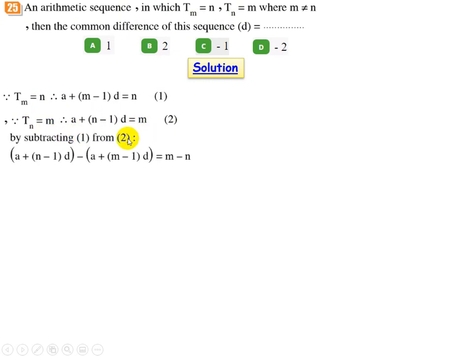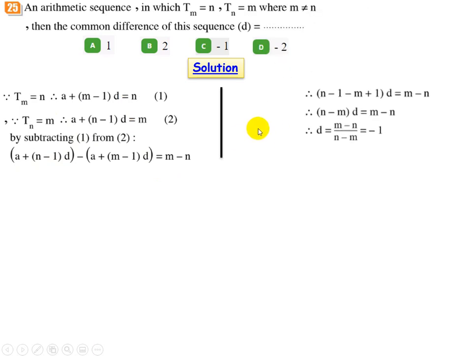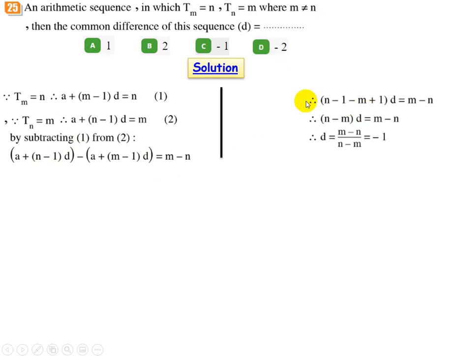By subtracting 1 from 2, cancel a with a, so n d minus m d, and negative d plus d, equals m minus n. So here n minus m d equals m minus n. Divide both sides by m minus n, so d equals negative 1.